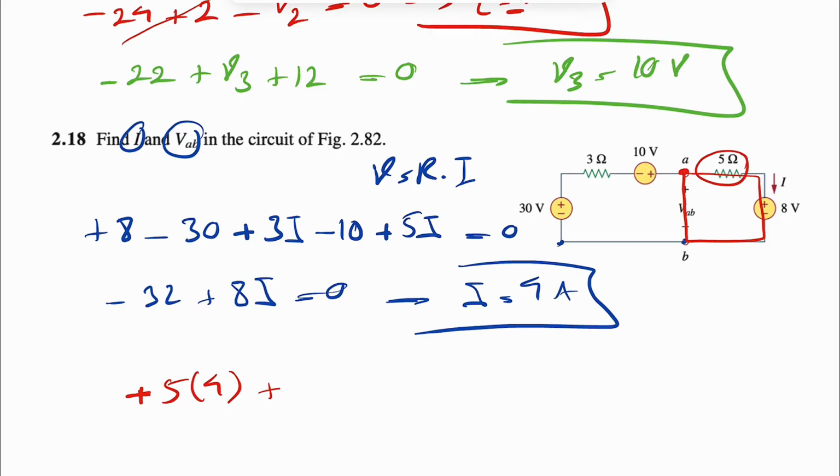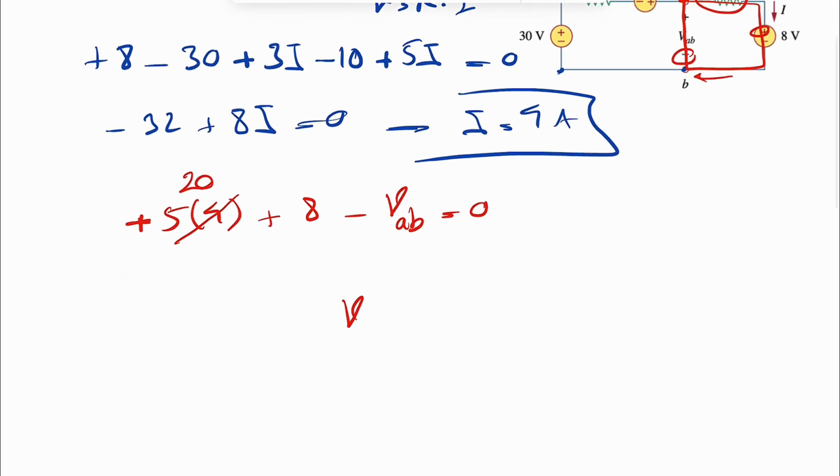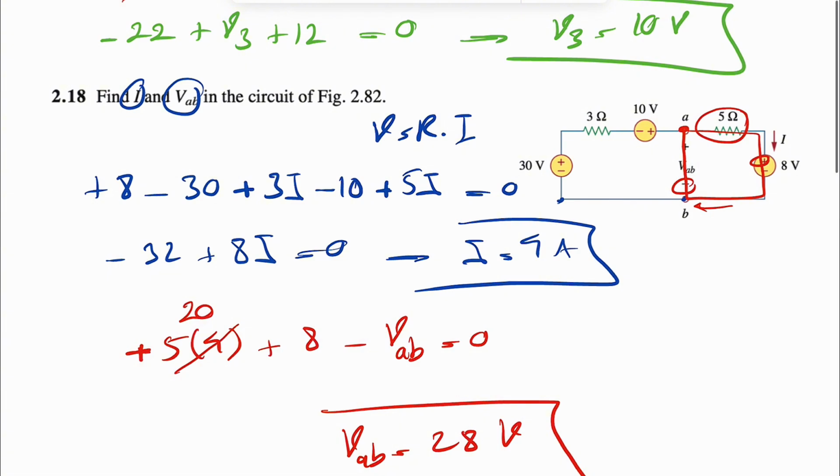We get to the positive terminal of the voltage source, plus 8. Moving on, we enter the negative terminal, negative VAB, equals 0. So this is going to be 20 plus 8, and our VAB is going to be 28 volts. That's going to be the final answer for these questions.